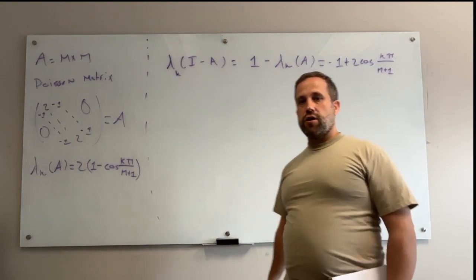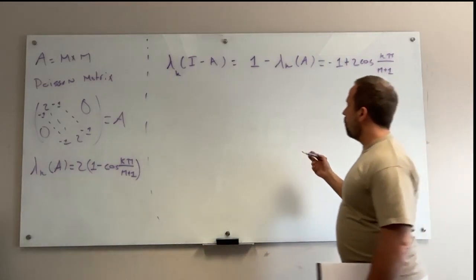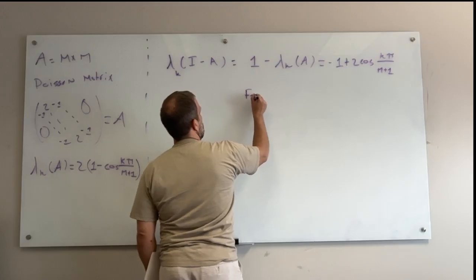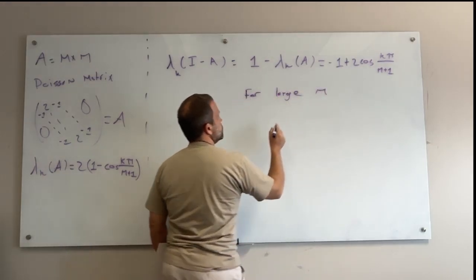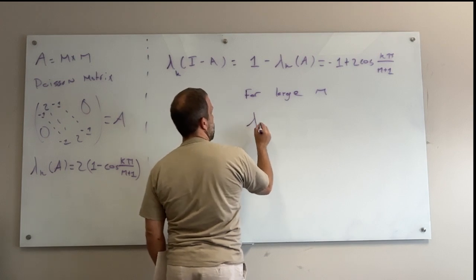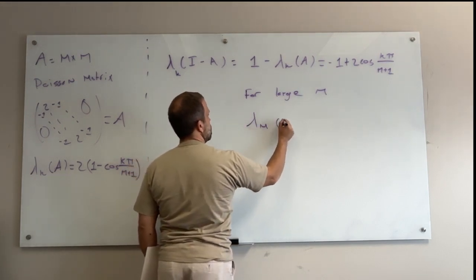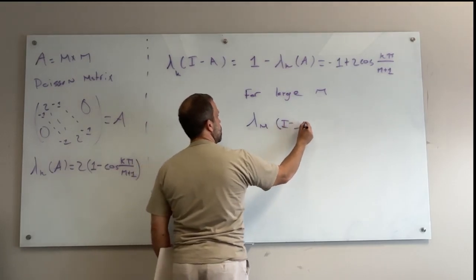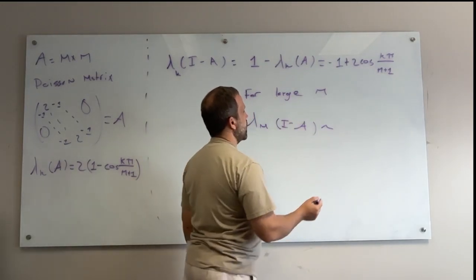But as m gets bigger and bigger, k over m plus 1 goes to 1. And so for large m, if I look at the mth eigenvalue, lambda m of I minus A, it's roughly going to be equal to minus 1.